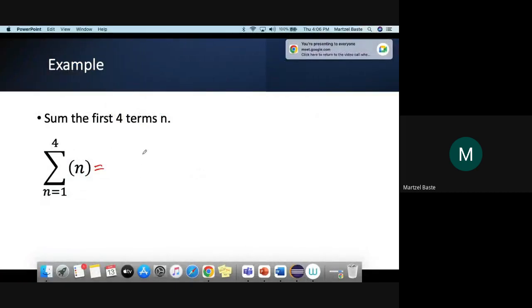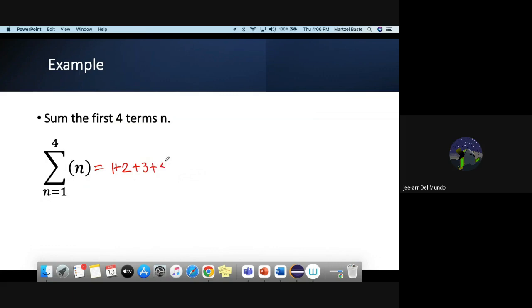Miles? What's the number series for number 10? 1 plus 2 plus 3 plus 4. The result will be 10. So 10 is the answer.